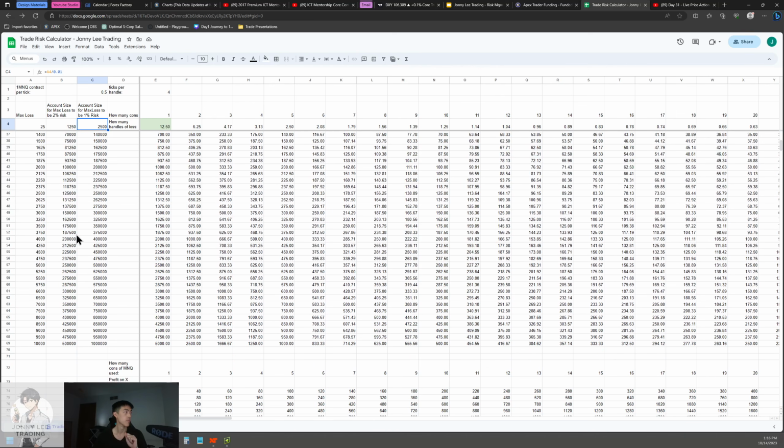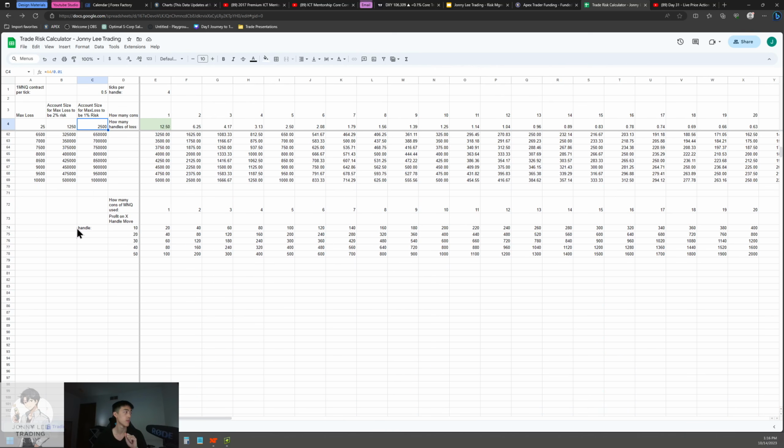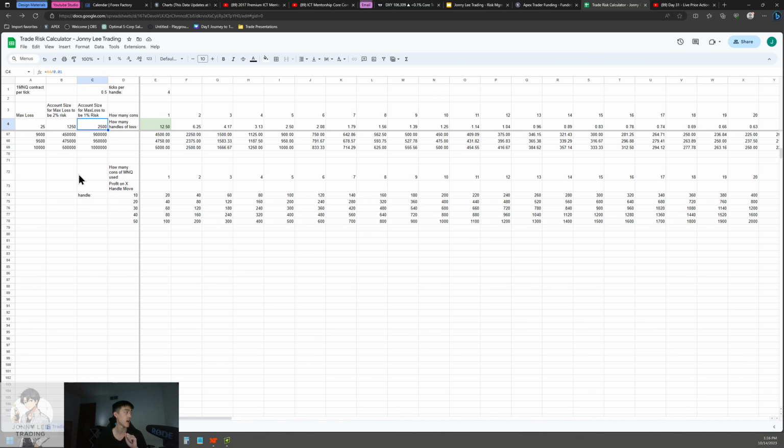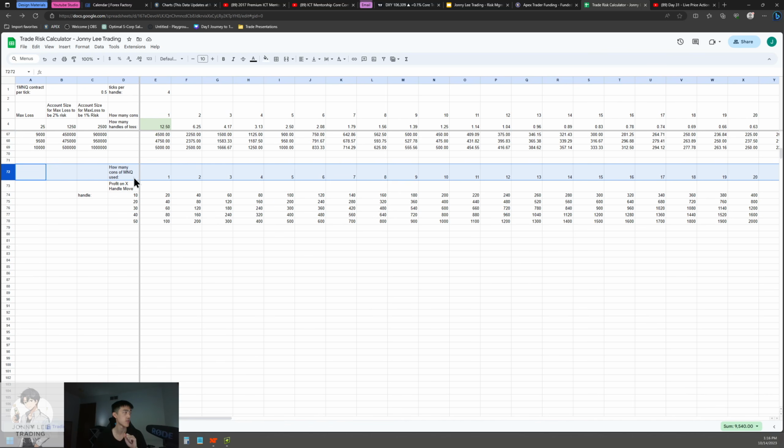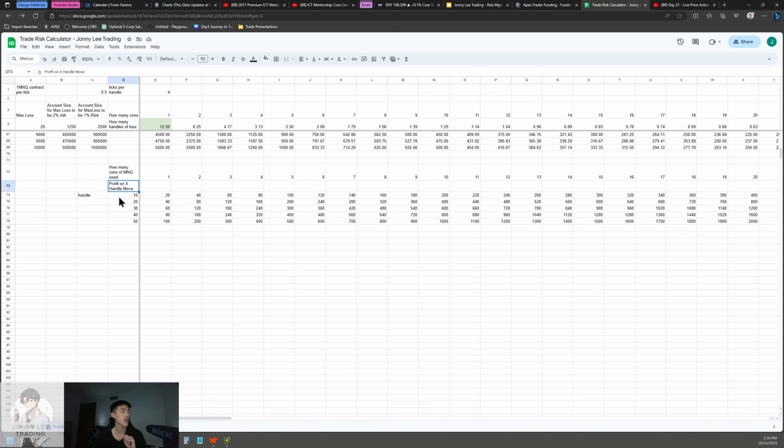So one thing I want to put you on to is further down in column 70 or row 72. I also calculate, for a given number of contracts, if I were to target a 10 handle move or 20 handle move or 30 or 40 handle move, what the dollar amount would be that I would end up returning.